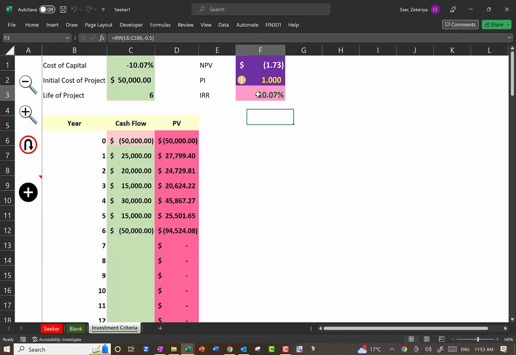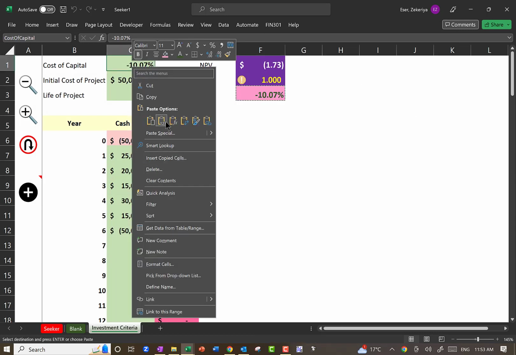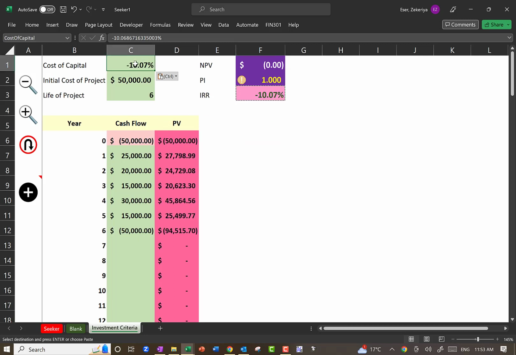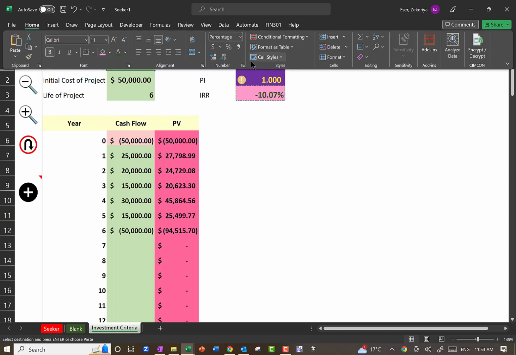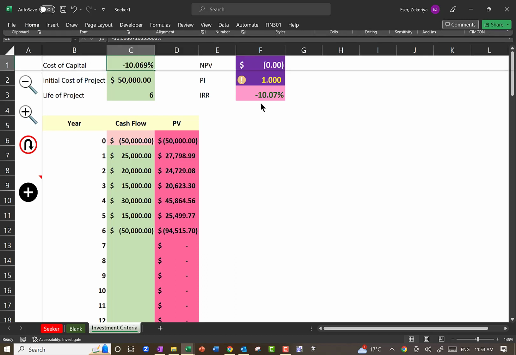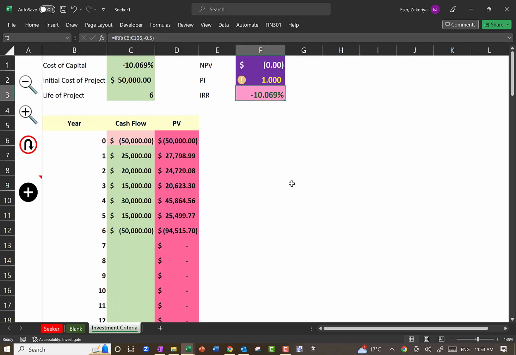Actually, I'm gonna copy this value and paste the value in there. You get exactly 0 NPV. Alternatively, if I get this started at positive 0.5, it gives me 1443.